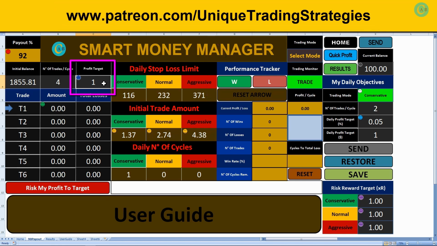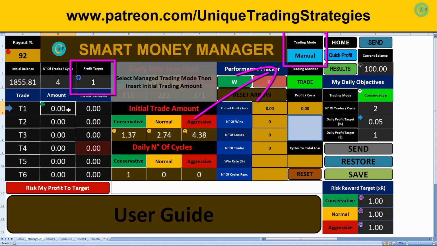In short, the Smart Money Manager is featured with 2 trading modes, managed mode and manual mode. In this video, I'm gonna use manual mode. With the manual mode, for example, I can use the following technique. First, I'm gonna tell the Smart Money Manager I wanna risk $500 for this cycle. For instance, it's 4 trades.